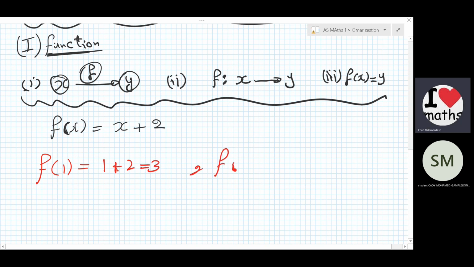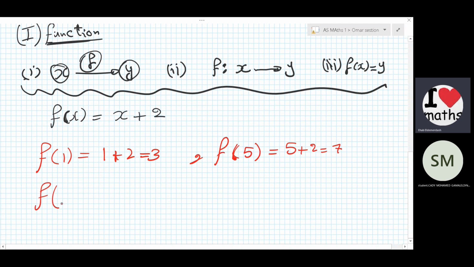If I said I need f of 5, who can tell me the answer? 7, which is 5 plus 2, equal to 7. If I said I need f of minus 3, what will be the answer?